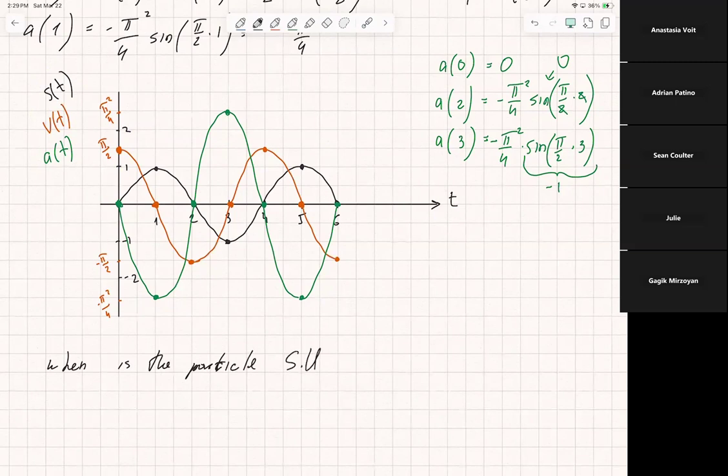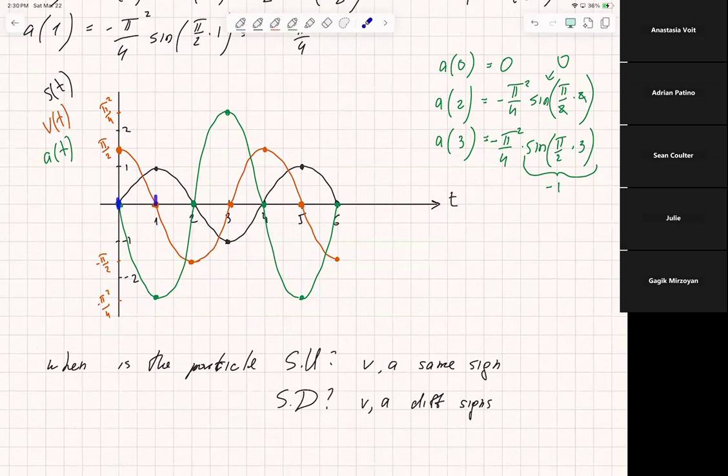Okay, so now the last question is, when is the particle speeding up and slowing down? Okay, remember, when velocity and acceleration have the same sign, we are speeding up. When velocity and acceleration have different signs, we are slowing down. So let's look here.